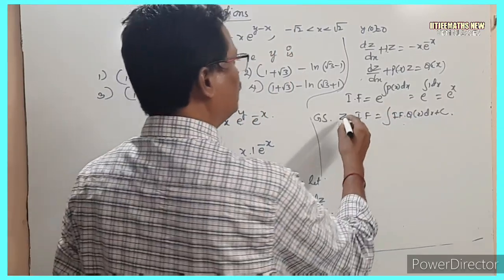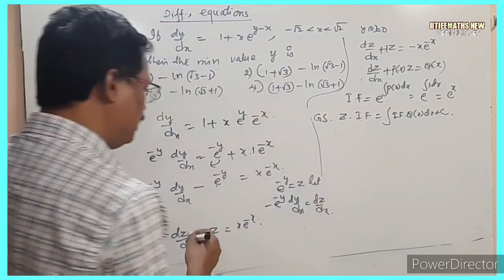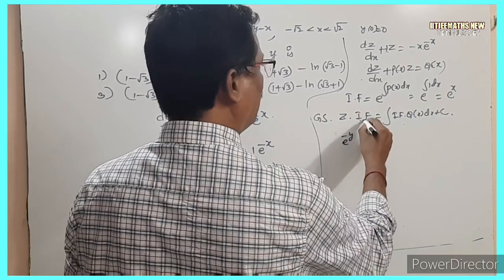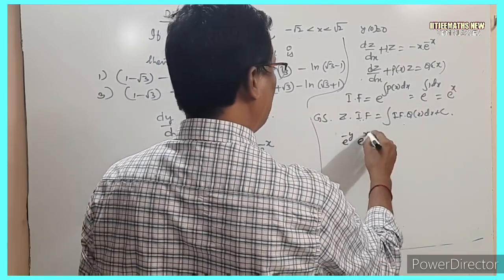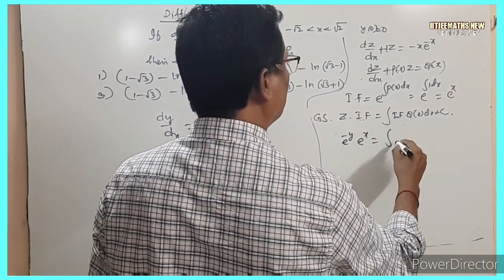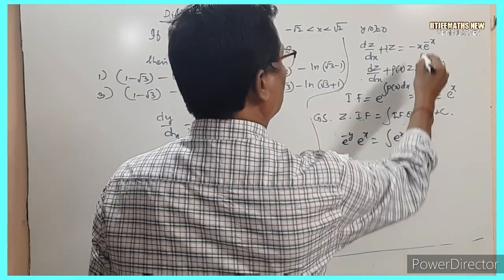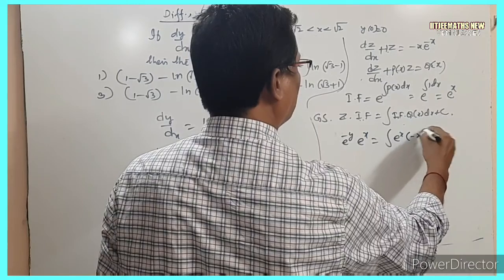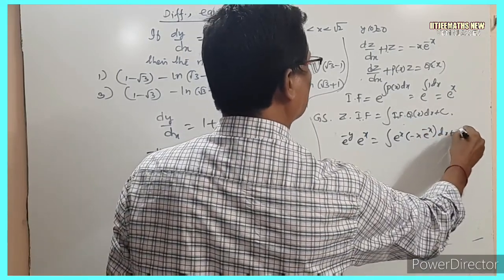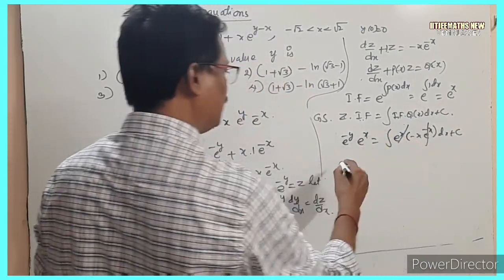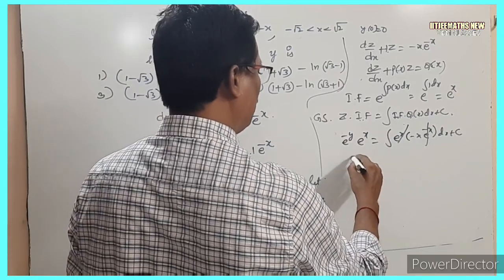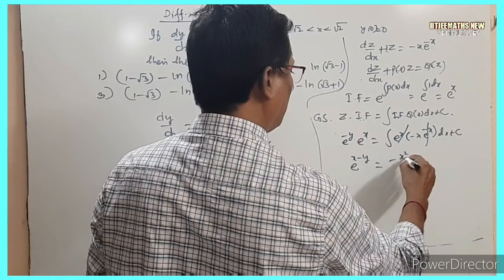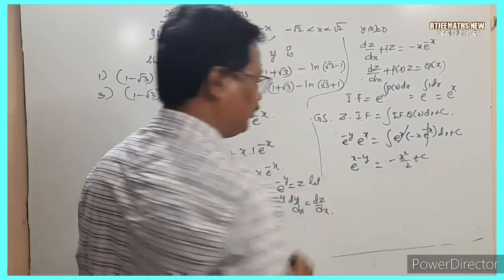Now see that z is what? We have taken z as e power minus y. The integrating factor is e power x. Q of x is minus x into e power minus x, dx plus a. Here e power minus x is cancelled. This is e power x minus y, equal to integral of minus x, that is minus x square by 2 plus a.